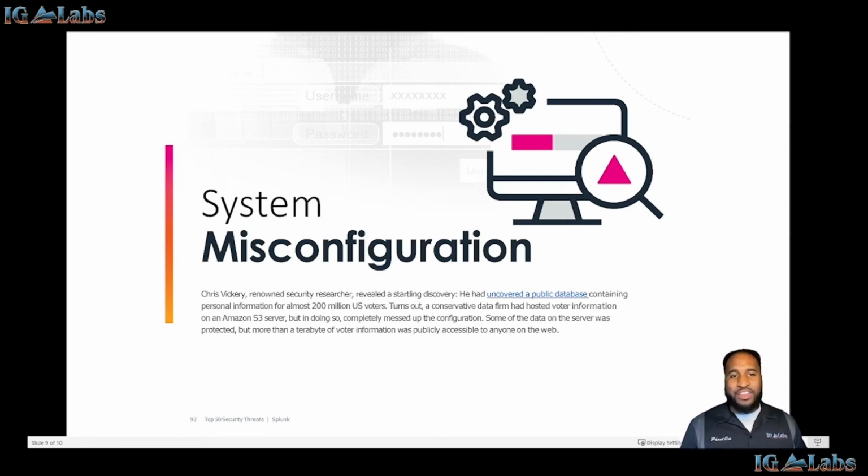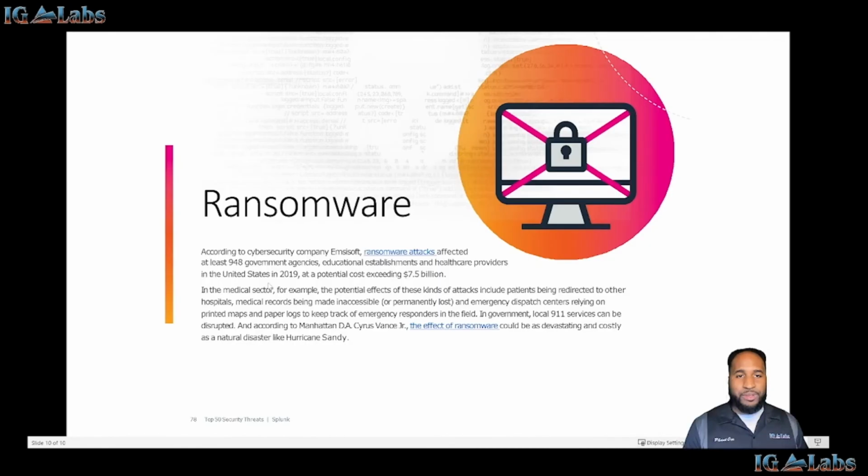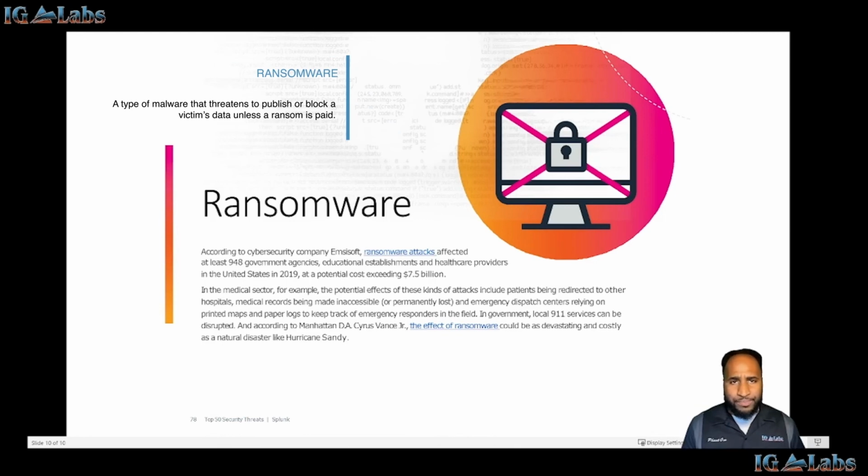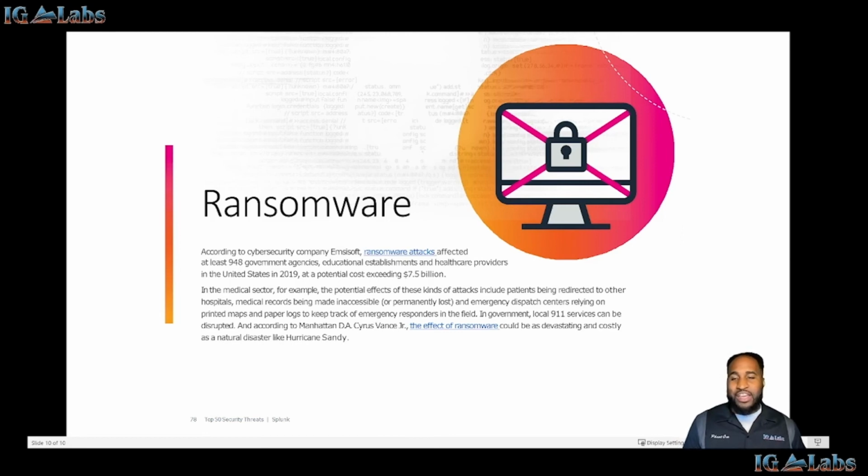And last but not least, it's been a hot topic out there and people are starting to pick up on it: ransomware. This is a threat that isn't going to go anywhere anytime soon. This is simply when an infected host encrypts victim data and holds it hostage until a payment is made. When this happens, the attacker will threaten to leak your sensitive data.